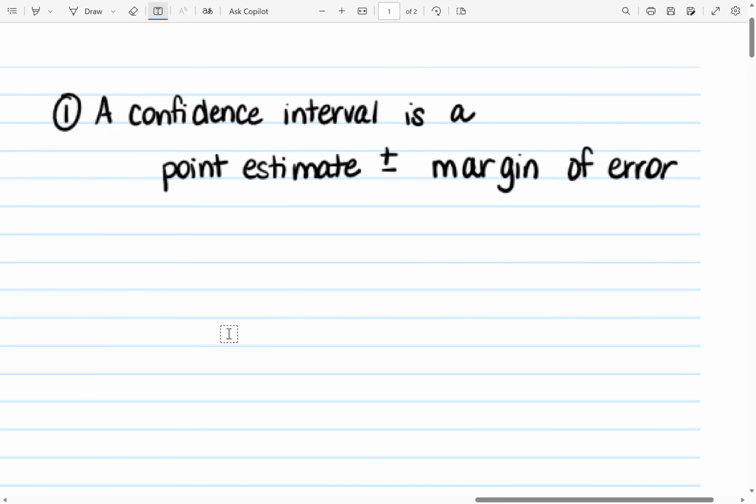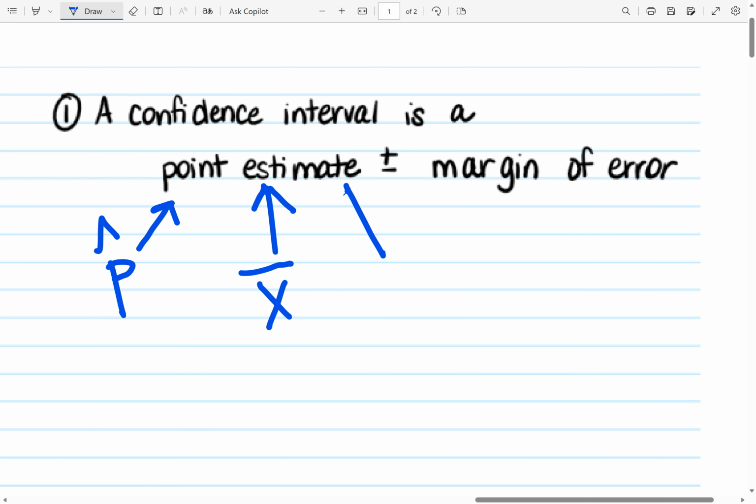That point estimate is going to be made from a statistic, a statistic that you calculate from a sample. That statistic could be a p-hat, a sample proportion, or a sample mean, or anything else that you calculate from a sample. The margin of error is what we're adding or subtracting to that.